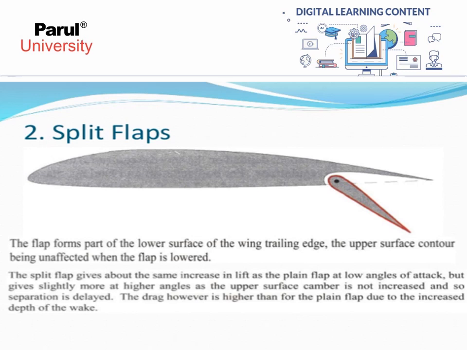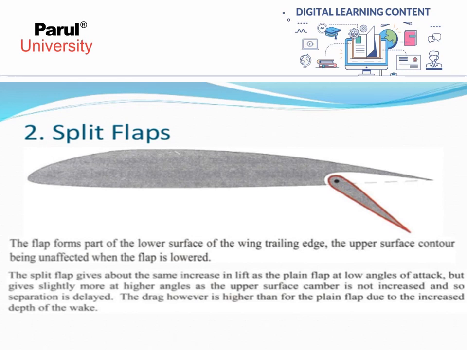The drag, however, is higher than for the plain flap due to the increased depth of the wake. This is the second type of flap. We can see in this flap only the lower portion of the trailing edge is deflected.